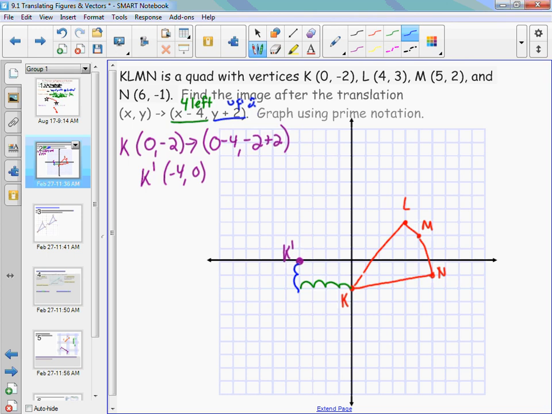If you want to do it algebraically, do it for all 4 points and then plot them. If you're just going to slide the points, which is typically what I would do, 1, 2, 3, 4, do that as well. And once you've labeled your K prime, L prime, M prime, draw your new image. There's your translated figure.